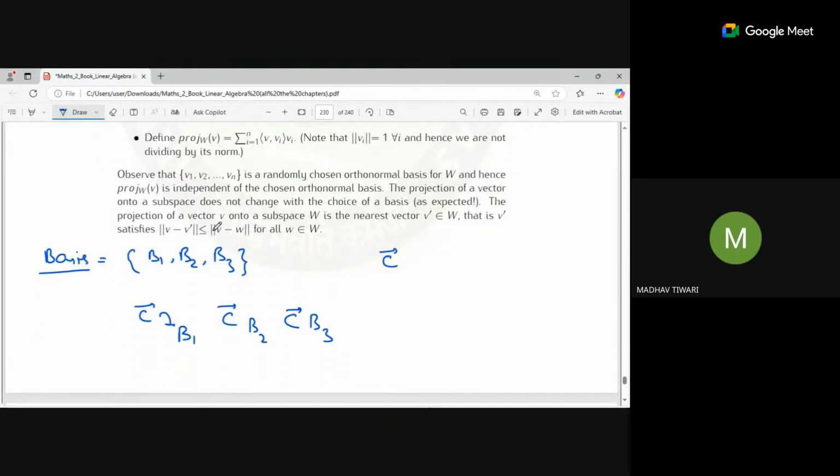One thing we need to keep in mind is that this basis should be orthonormal. So this will be my projection in that case.